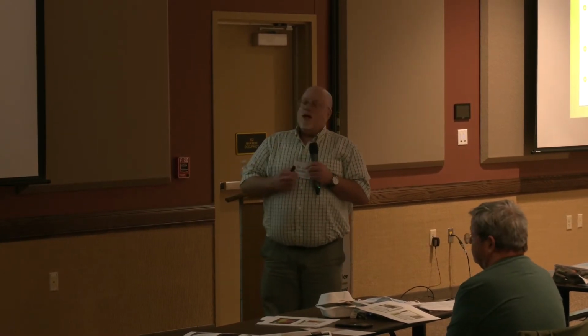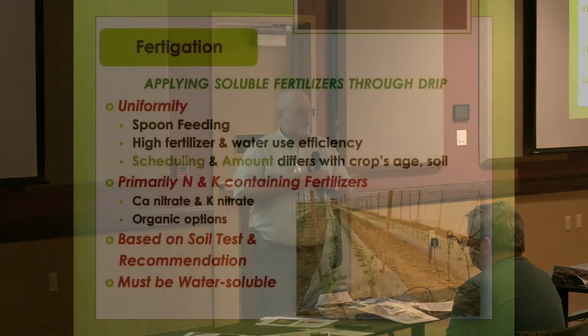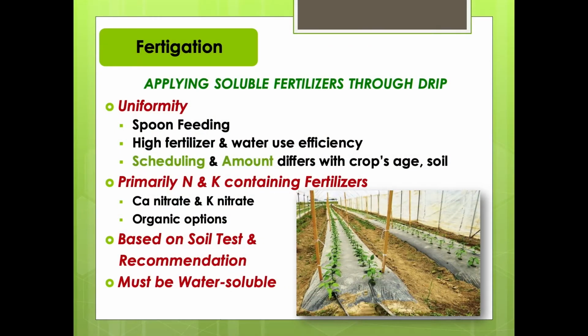All right. Fertigation is uniformly applying a certain amount of fertilizer through the drip irrigation system. The general term is chemigation, so there's actually a number of pesticides that can be injected through a drip irrigation system. We're speaking specifically about fertilizers, and these are soluble fertilizers.